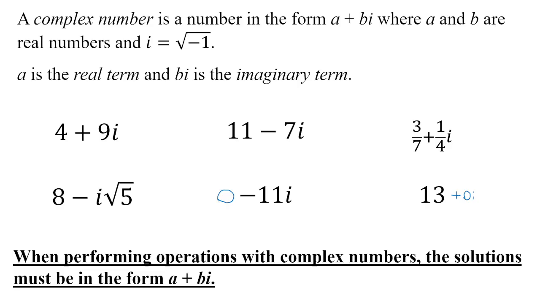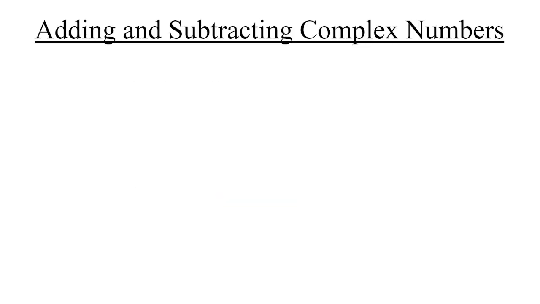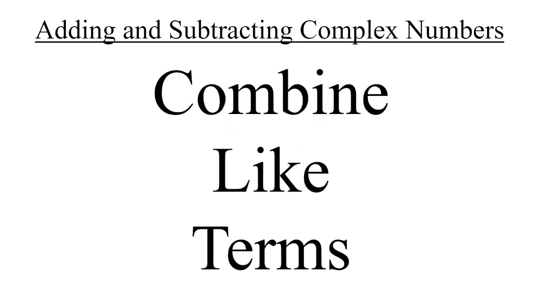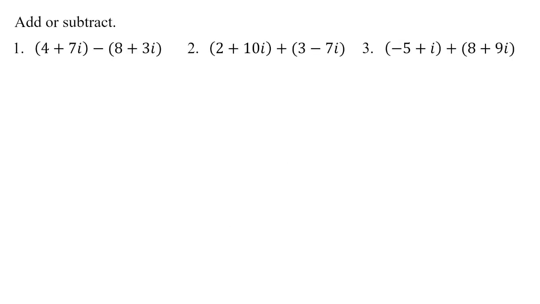So first, adding and subtracting complex numbers. When adding and subtracting complex numbers, just combine like terms. That's all it is. So let's look at some examples. We got 4 plus 7i minus 8 plus 3i. Well, 4 and 8 are like terms, so this is 4 minus 8, plus 7i and 3i are like terms, so this is 7i minus 3i.